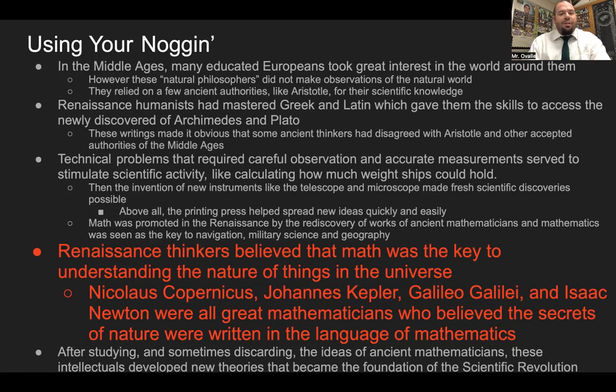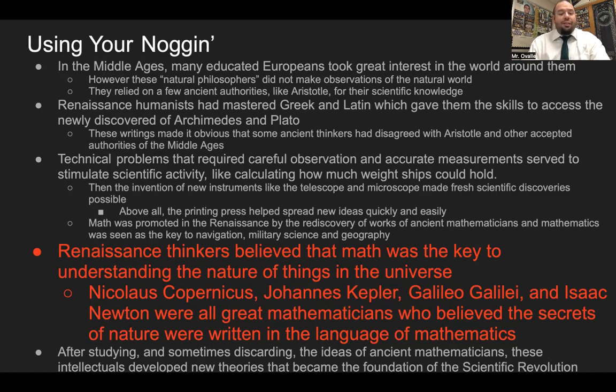Then the invention of new instruments like the telescope and microscope made fresh scientific discoveries possible. Above all, the printing press made new ideas spread quickly and easily across Europe. Math would be promoted in the Renaissance by rediscovery of works of ancient mathematicians, and mathematics was seen as the key to navigation, military science, and geography. Renaissance thinkers believed that math was the key to understanding the nature of things in the universe.